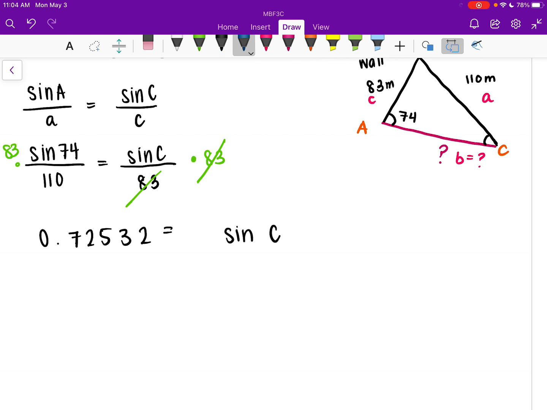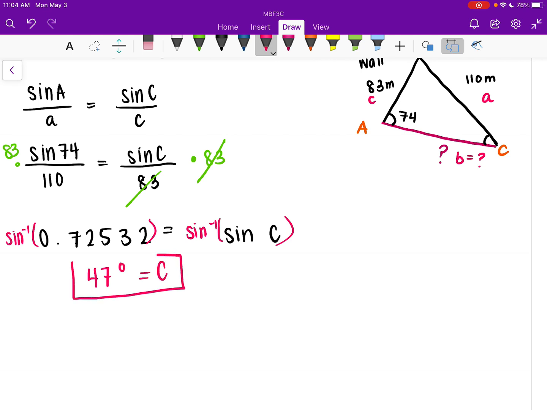And now I want to get rid of that sine, right? So I'm going to do inverse sine, and whatever I do to one side, I do to the other. So I'm going to do inverse sine of this number. So I'm just going to plug that into my calculator. So I'm left with 46.5. And since it says we like to just keep them to the nearest whole number, we'll leave it at 47 is equal to angle C, sorry.